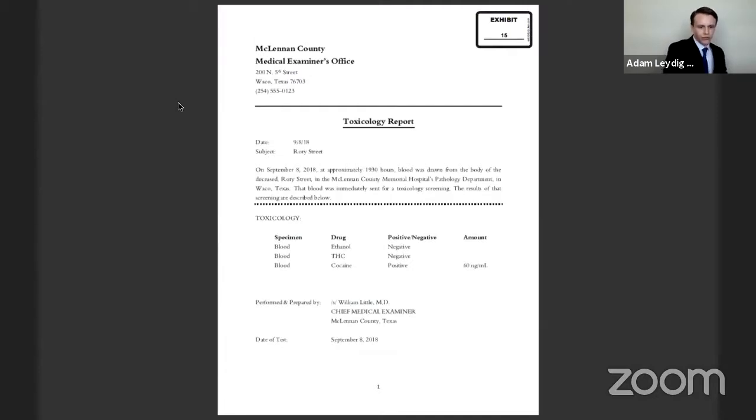Your Honor, as it reads here towards the bottom of the toxicology, just to be clear, this is a toxicology of Rory Street's blood that was taken a day after she had passed. That there was 60 nanograms per milliliter of cocaine found in her body during the toxicology tests. Your Honor, this concludes any mention of Exhibit 15.